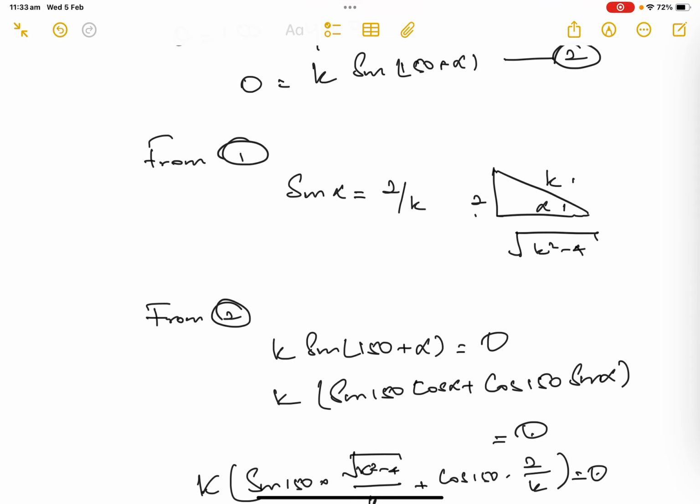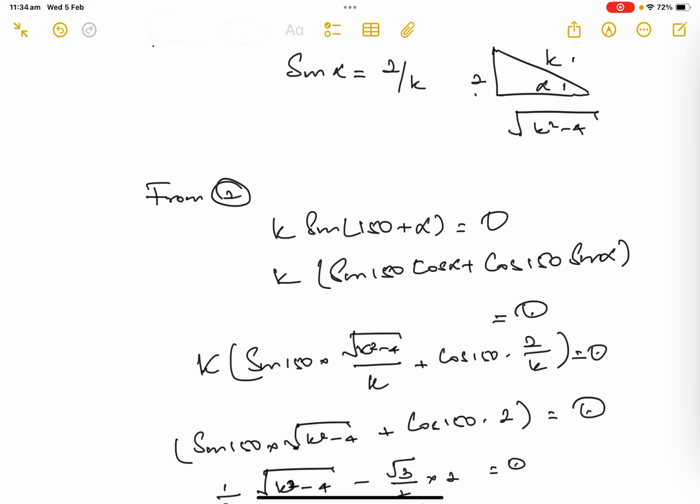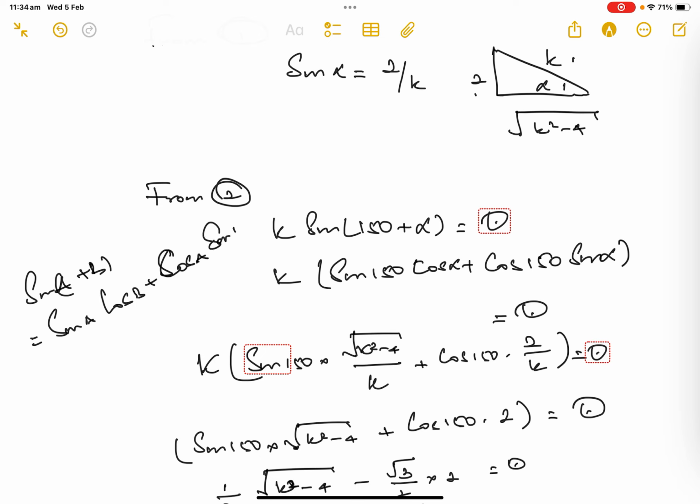All right, let's carry on with the workout. So take the second equation. The second equation says that k sine of (150 plus alpha) equals 0. We expand it. There's a function, sine (a plus b) equals sine a cos b plus cos a sine b.